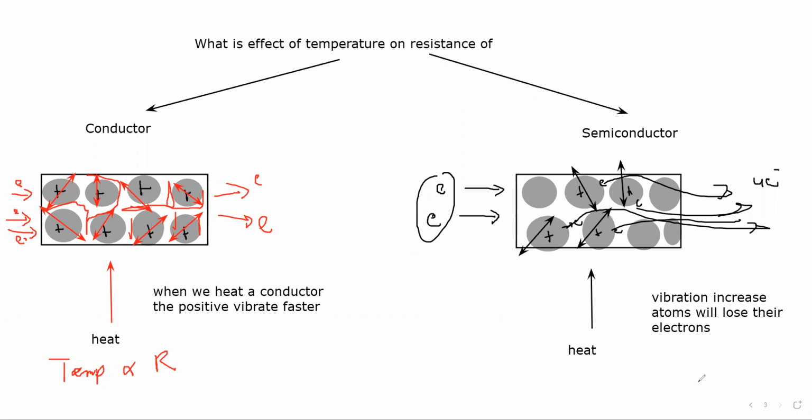From where do we get extra electrons? Because when we supply the heat energy, the atoms within the structure are losing their electron and forming a positive ion and an electron, and these electrons travel and increase the conduction, which reduces the resistance. So we can say for semiconductors, temperature and resistance are inversely proportional. Is it clear?